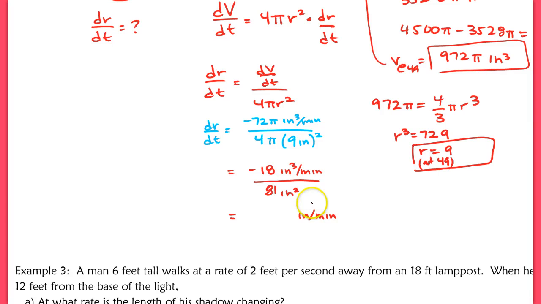So this does make sense. These will cancel and leave you with inches per minute, so that's good. And then negative 18 over 81, we can simplify that, and that's negative 2/9. So the rate at which your radius is changing at 49 minutes is negative 2/9 inches per minute.